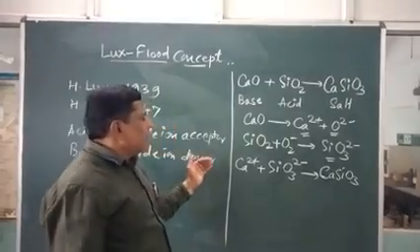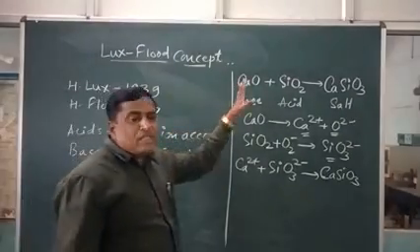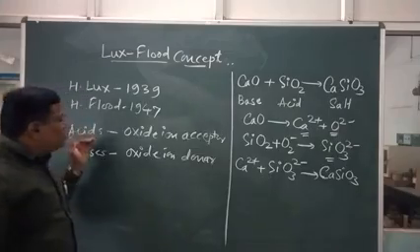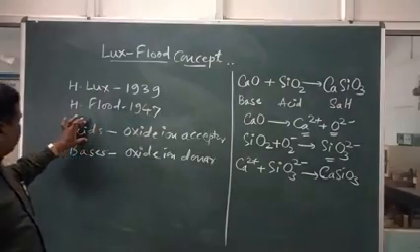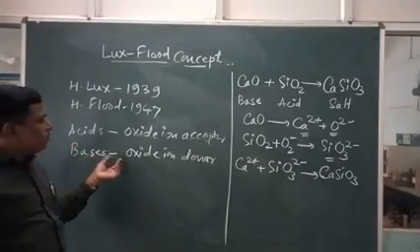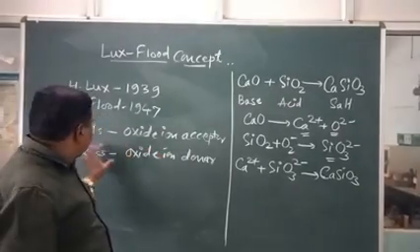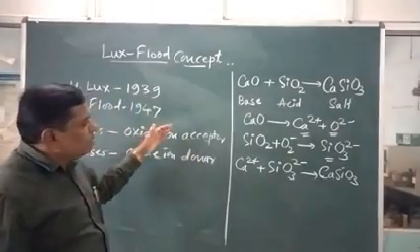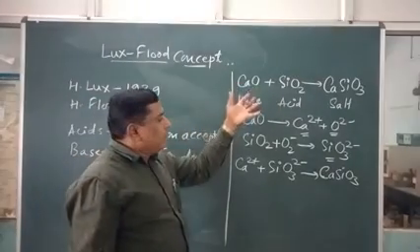This reaction is called an acid base reaction. In simple terms, the substance which accepts oxide ions is called the acid, and the substance which donates oxide ions is called the base.